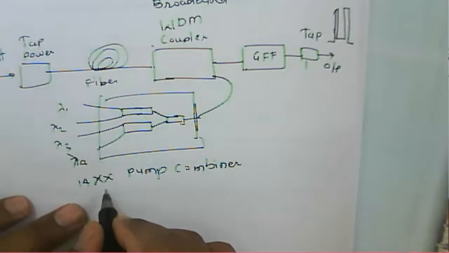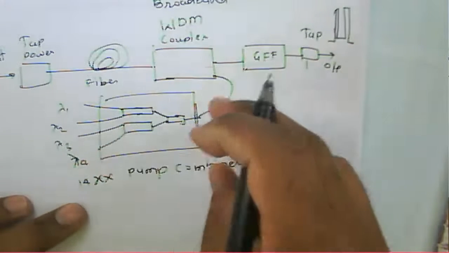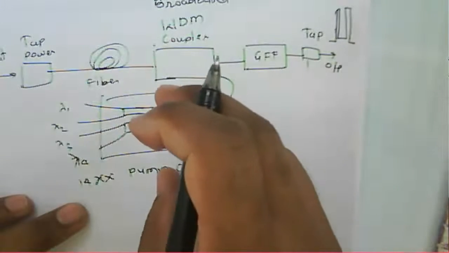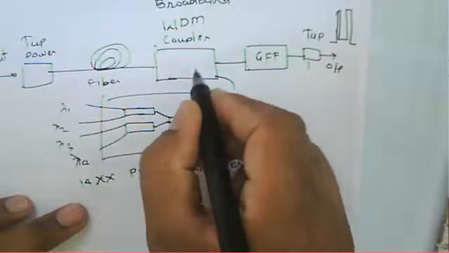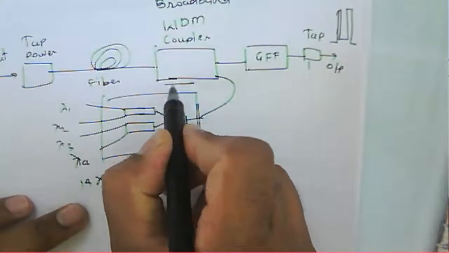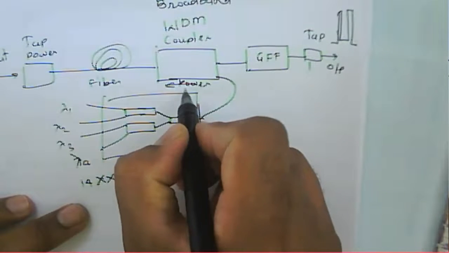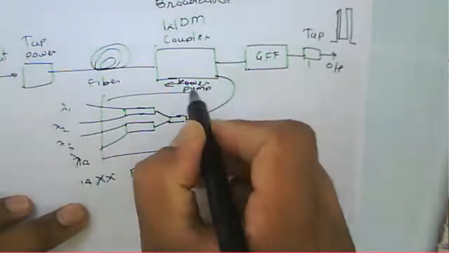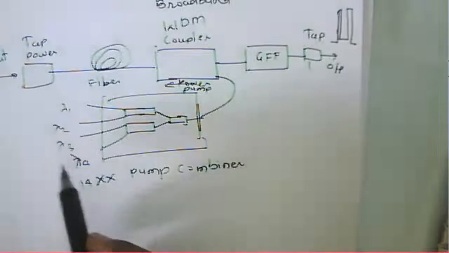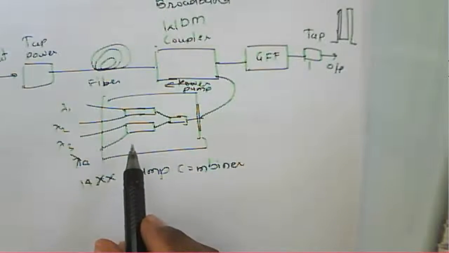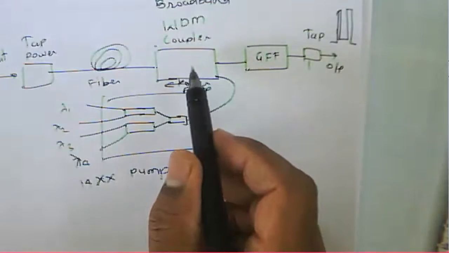It combines them using the fused fiber coupler technology. This one is a WDM coupler, and this is the pump power. The combined power is coupled into the transmission fiber in the counter-propagating direction through a wideband WDM coupler.